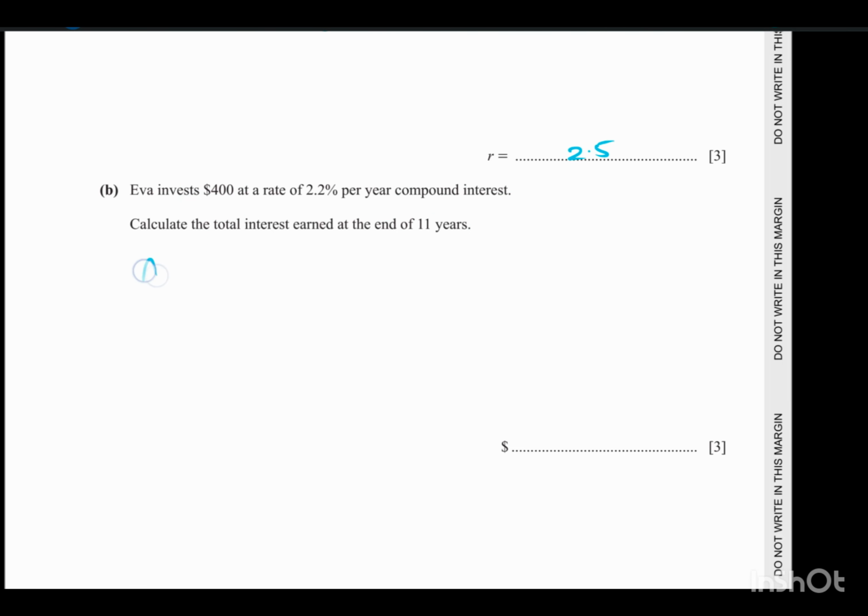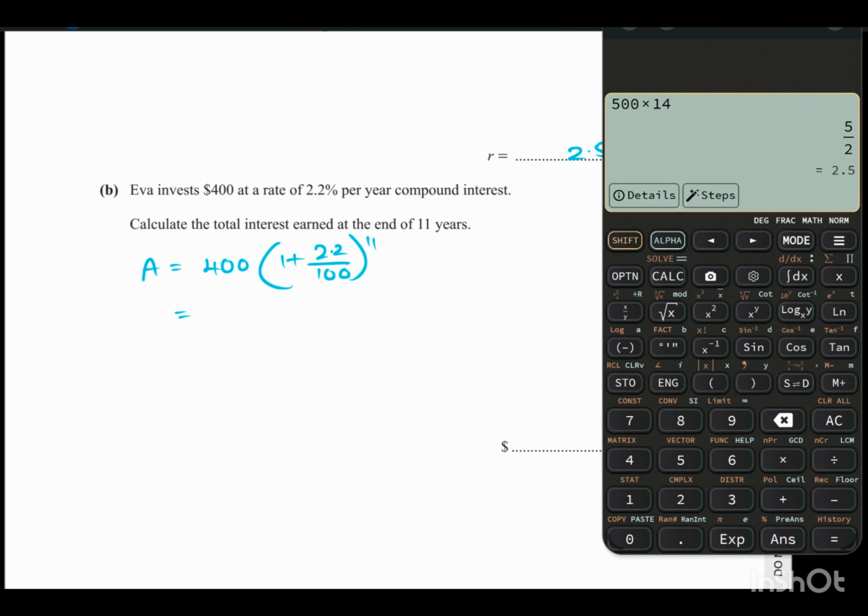So here amount is equal to P into 1 plus 2.2 by 100 whole raised to 11. Apply this formula in calculator, find out 400 into 1 plus 2.2 by 100 whole raised to 11.